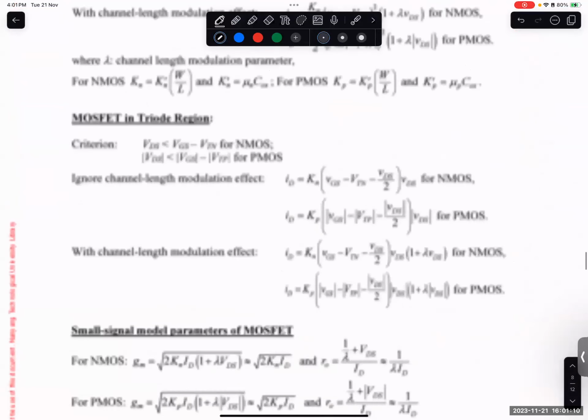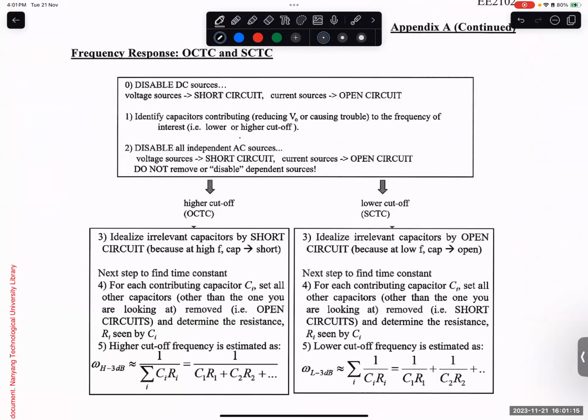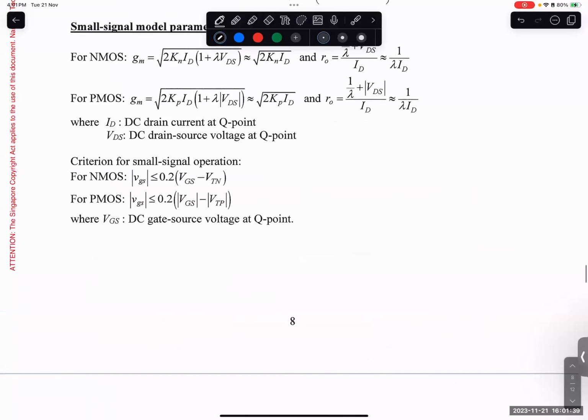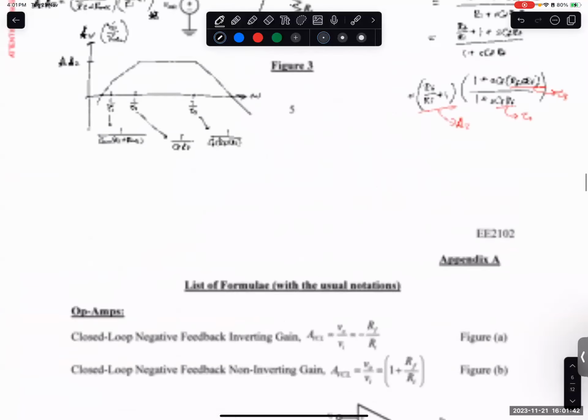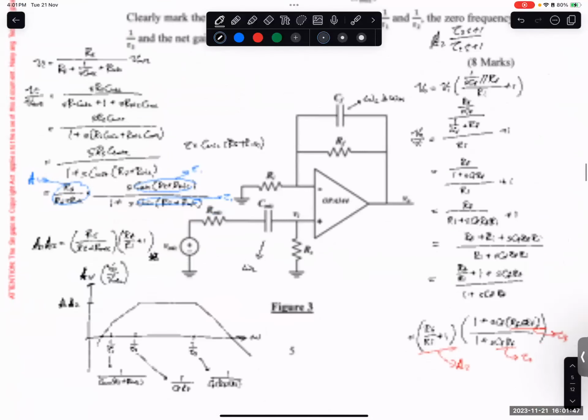Those are BJTs. Differential amp. Differential amp. Going down, there's still MOSFET. MOSFET current mirror, none. No multi-stage. MOSFET biasing, DC analysis. None left. Hello.